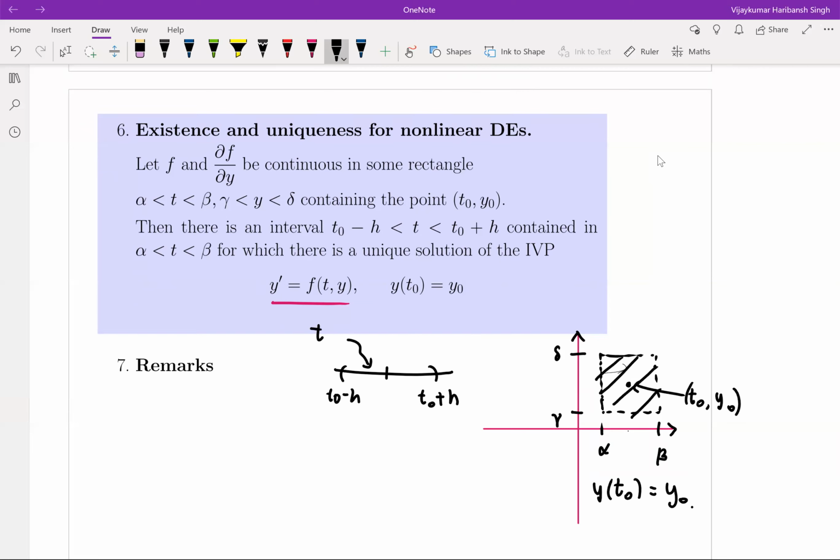It's not giving you the interval, but it's saying that there exists an interval which contains your t for which there is a unique solution. Okay, so let's discuss this.